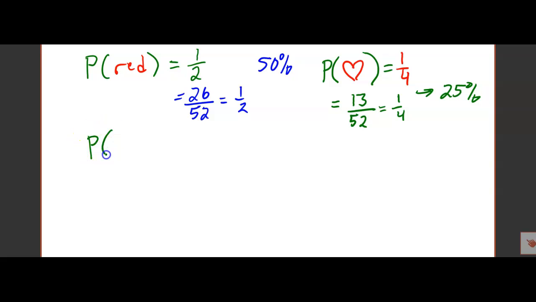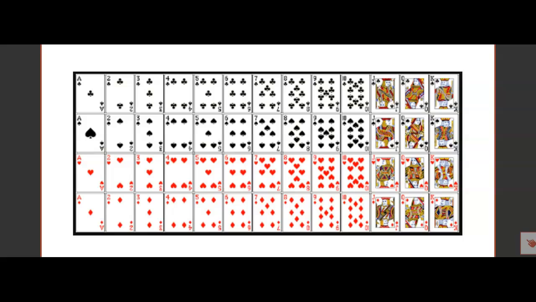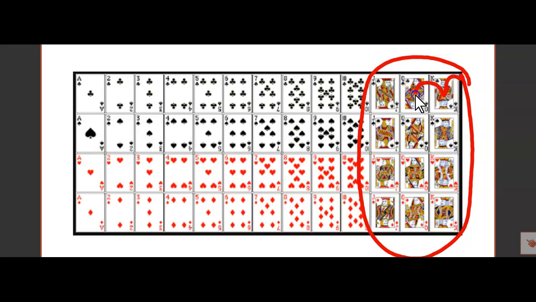So let's say the probability of pulling a face card. I know my total set is 52 because there's 52 cards in the deck. If I look at my cards, these are the face cards. So how many cards do I have? 1, 2, 3, 4, 5, 6, 7, 8, 9, 10, 11, 12.